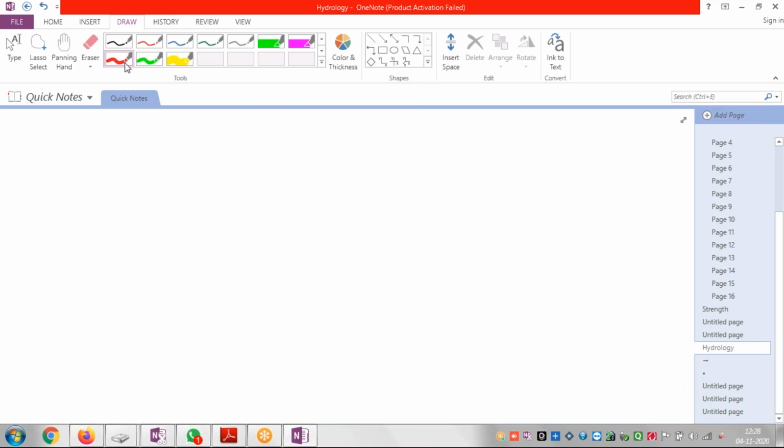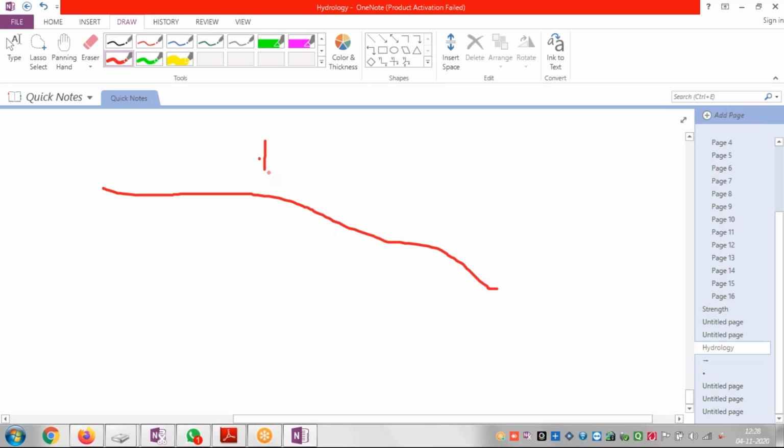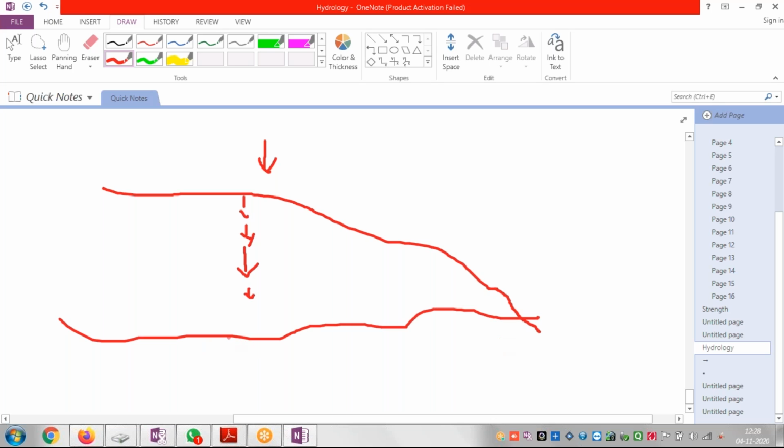See, if this is the soil, when rainfall occurs, water goes into the soil strata, and somewhere here you will see the groundwater table. Groundwater table means from this ground we get the water.